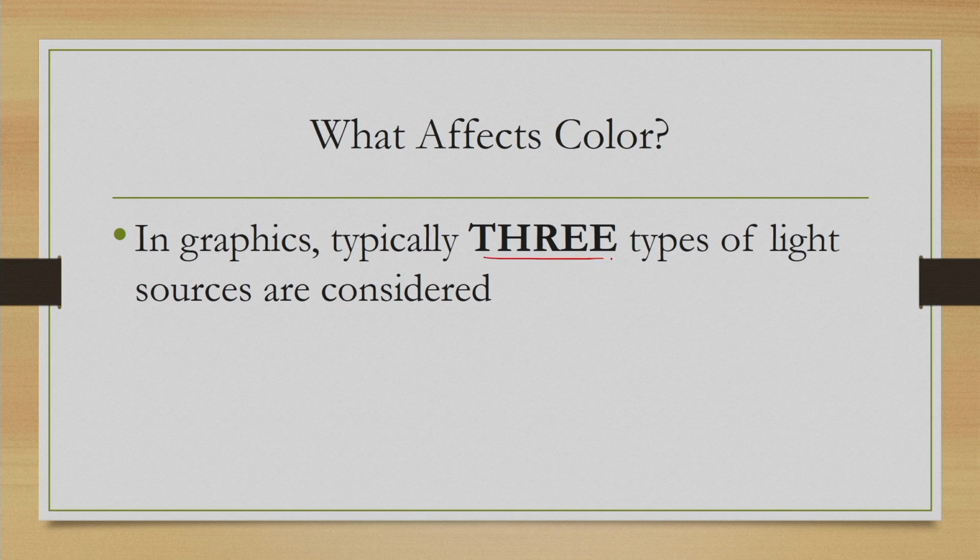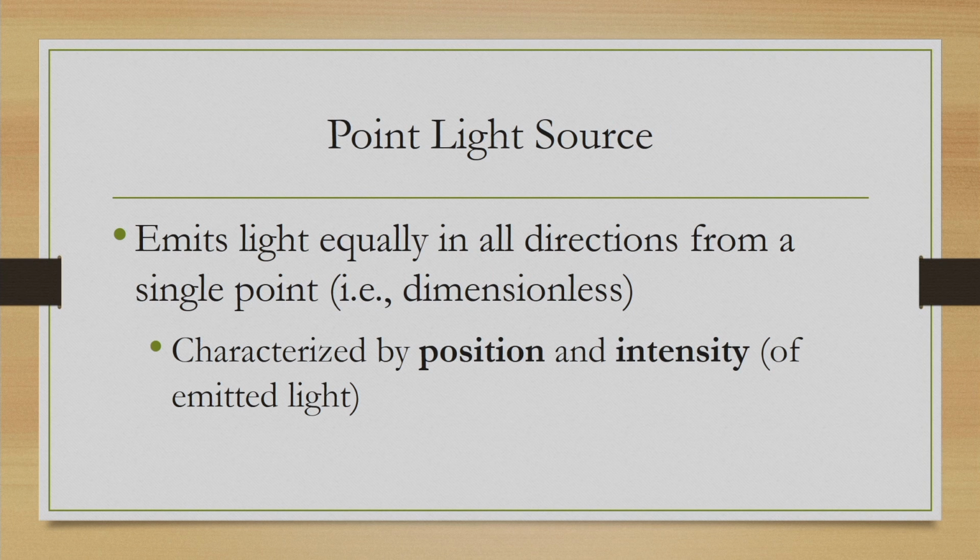What about the light source? So, in graphics we typically consider three types of light source. Let us have a look at these three types. First one is the point light source. So, here what we are assuming is that such sources emit light equally in all directions from a single point which is dimensionless.